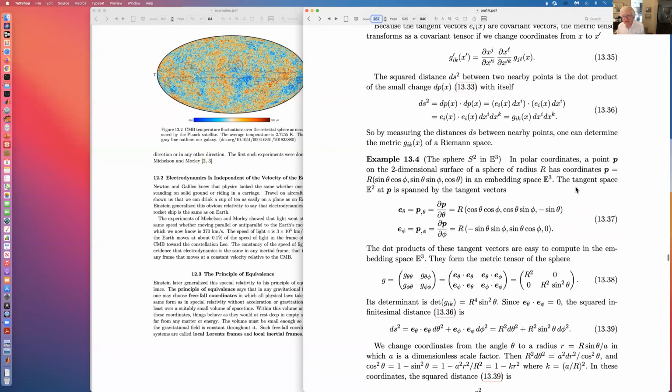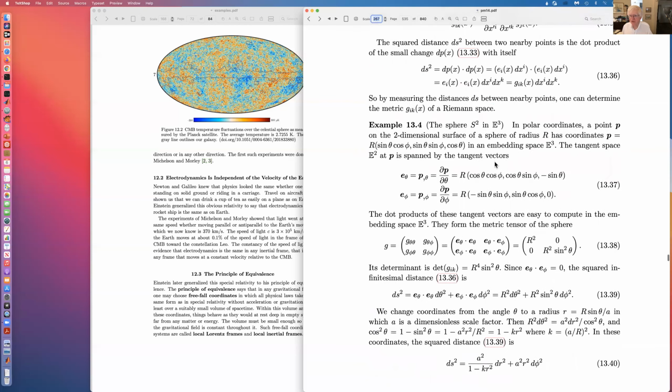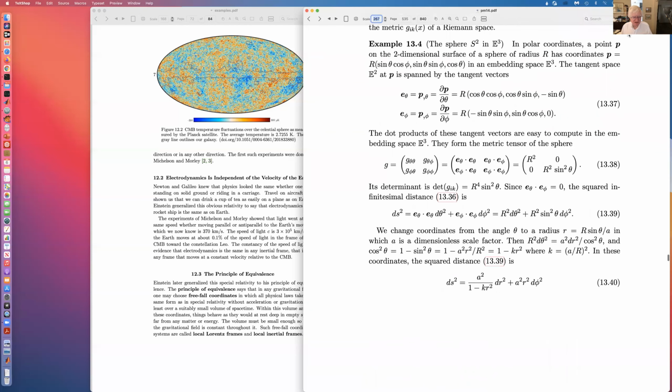Anyway, all right, so let's do a couple of examples. One is the sphere in ordinary Euclidean 3 space. So in polar coordinates, the points on the surface of the sphere are r sine theta cosine phi, r sine theta sine phi, r cosine theta. The embedding space is ordinary Euclidean 3 space.